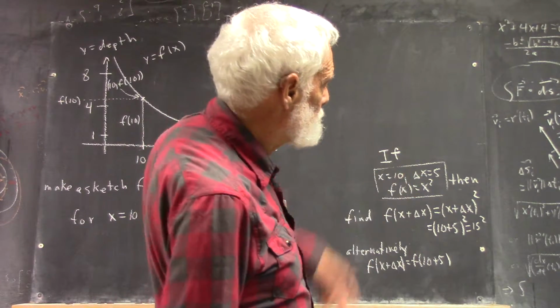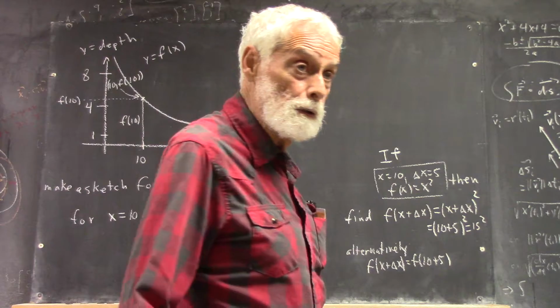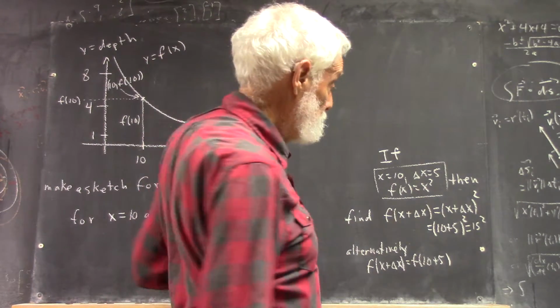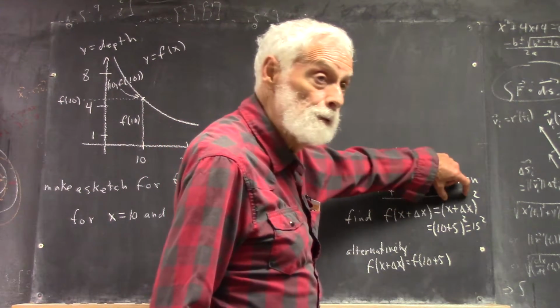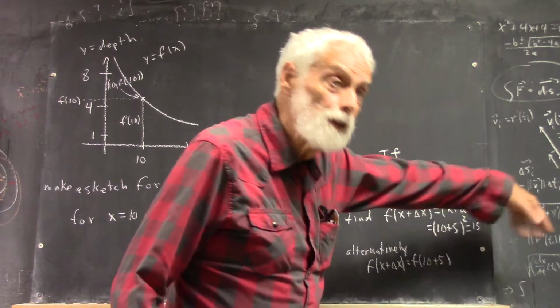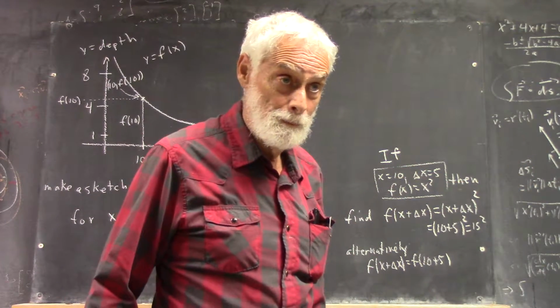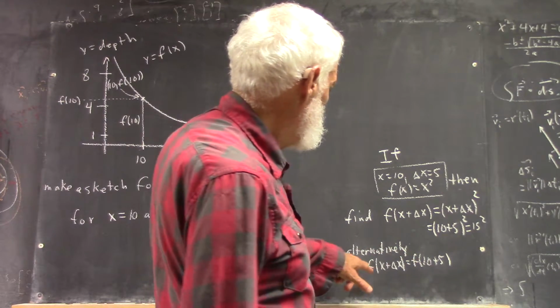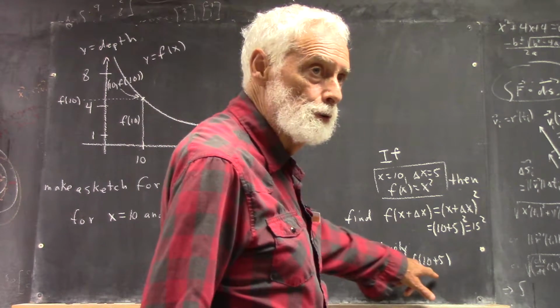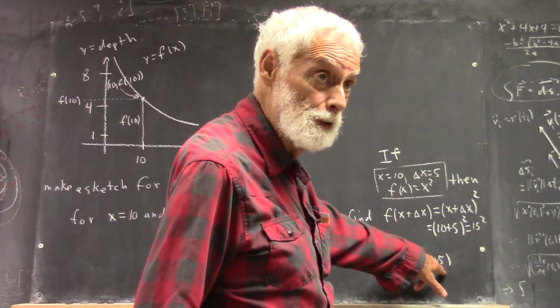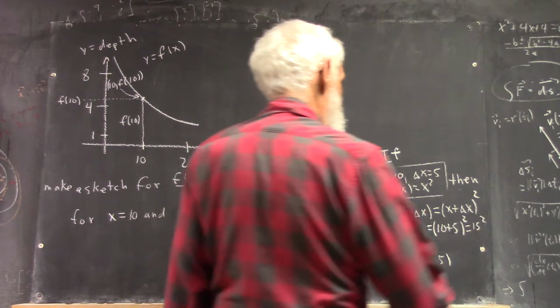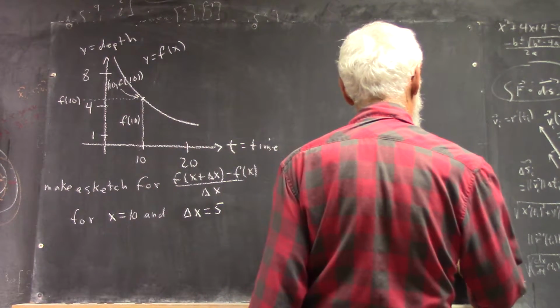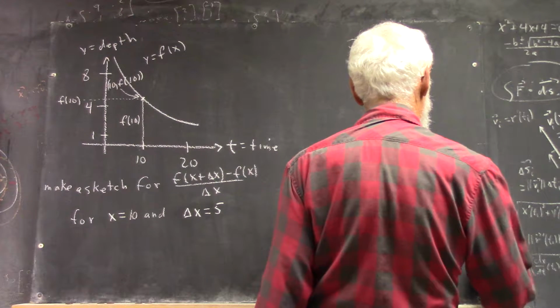So where I substitute 10 and 5 just depends on what I want to accomplish. I could wait to substitute it here. I could even expand this and then substitute it, right? And there are times when you'd want to do each. The most direct thing would be to do the substitution right away, since we have numbers for x and delta x. So this is f of 15.